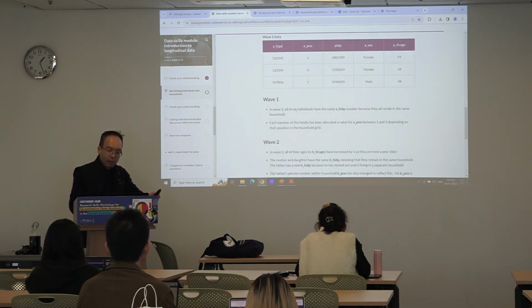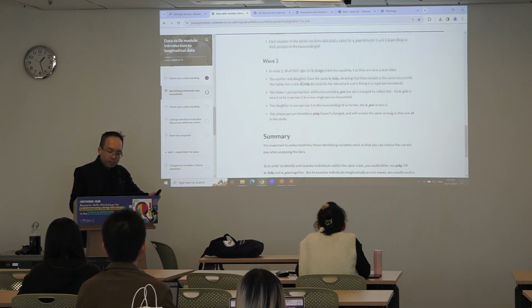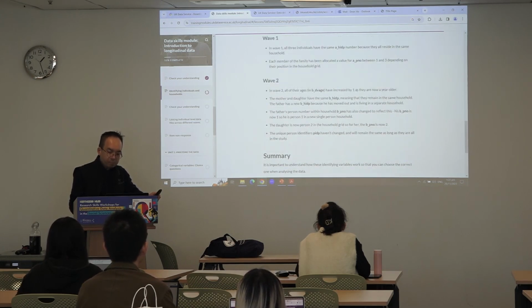So in wave 1, all 3 individuals have the same household ID because they all reside in the same household. Each member of the family is allocated a value between 1 and 3 depending on their position in the household. In the second wave, all of their ages have increased by 1. The mother and daughter have the same household ID, meaning that they still live together, but the father has a new household ID because he has moved out and is living in a separate household.